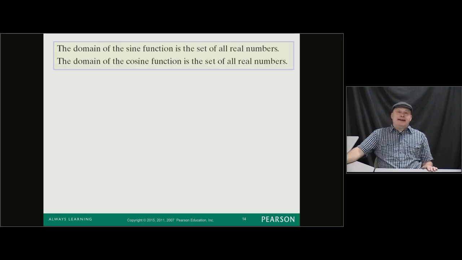Alright, the domain of a sine function is the set of all real numbers. And the domain of the cosine function is the set of all real numbers. You're like, well, why is that true? Well, if you remember, sine of theta is the y coordinate, which was the b, and the cosine of theta was the x coordinate, which was the a.